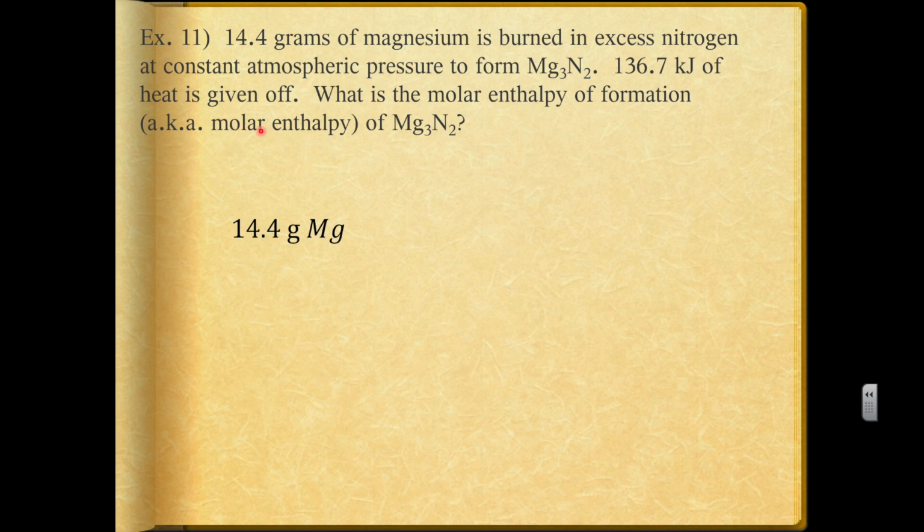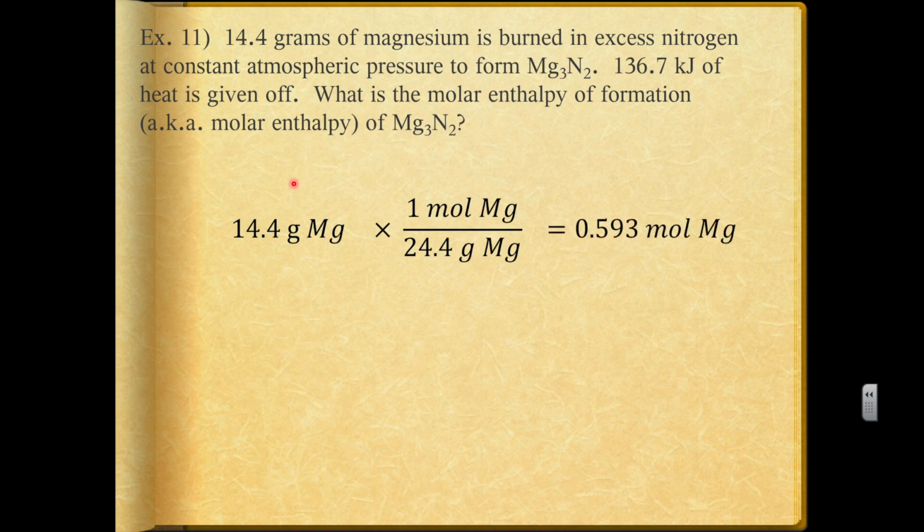The molar enthalpy is going to be the enthalpy per mole. That's that kilojoules per mole thing I've been giving you. So the 14.4 grams of magnesium, let's go ahead and turn it to moles. That seems like a logical step, should by now. Let's find out how many moles of magnesium that is.